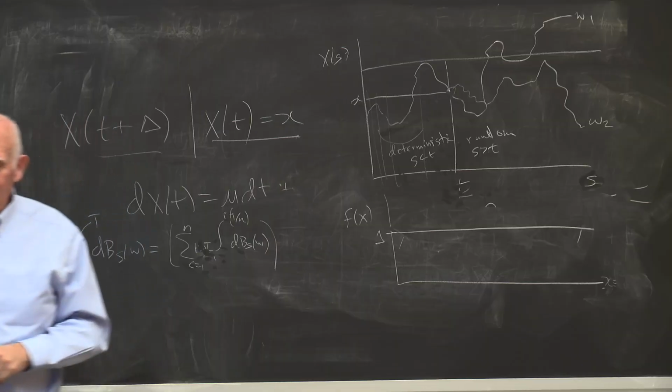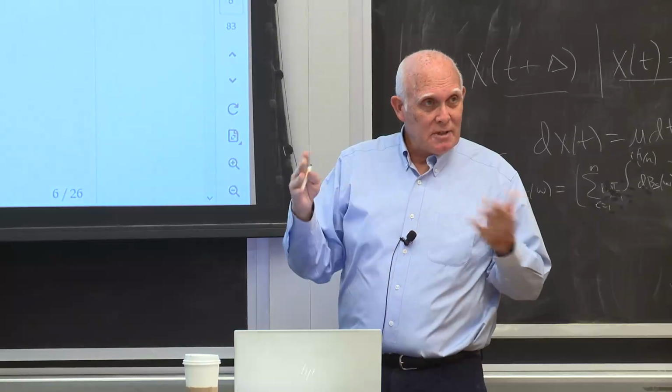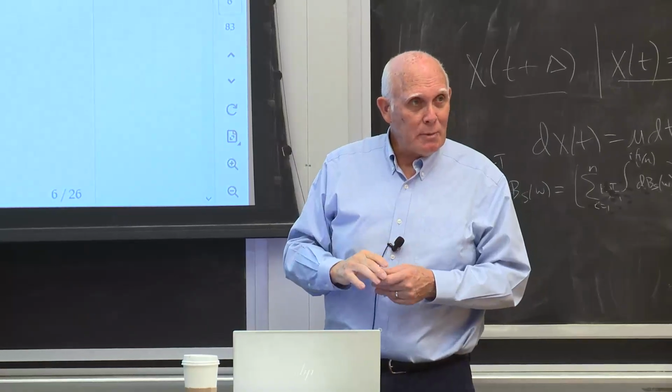And so the integral of dB_s of omega, in a well-defined way, is defined by this increment of the whole process. Now, if that's true, then when we consider the randomness in omega, the expectation of this integral is 0, where B is the standard Brownian motion. And the variance is equal to the length of the interval times the sigma of standard Brownian motion.